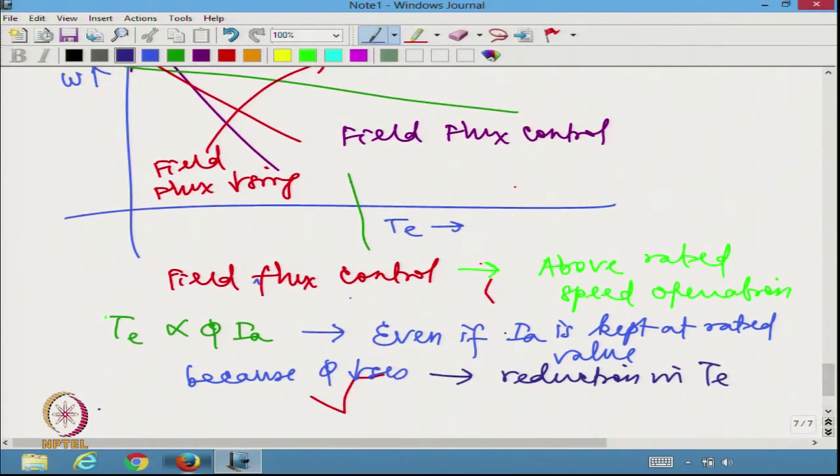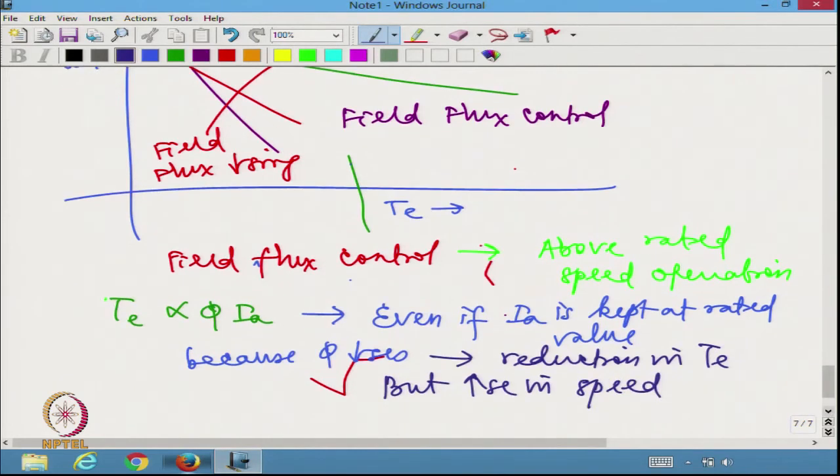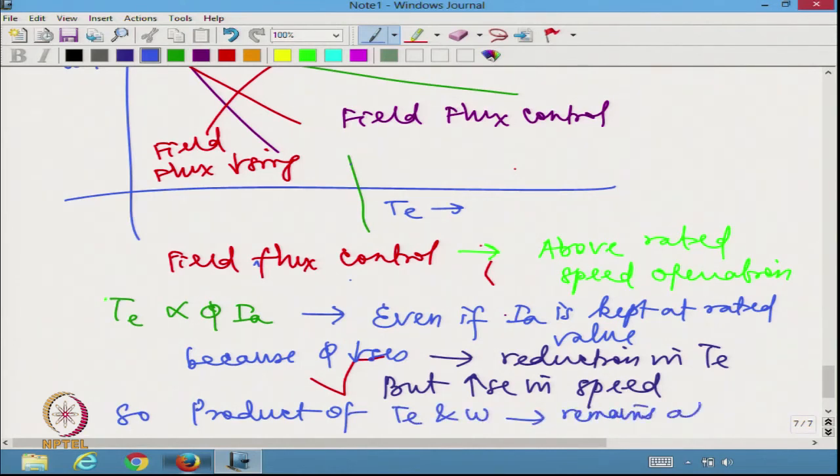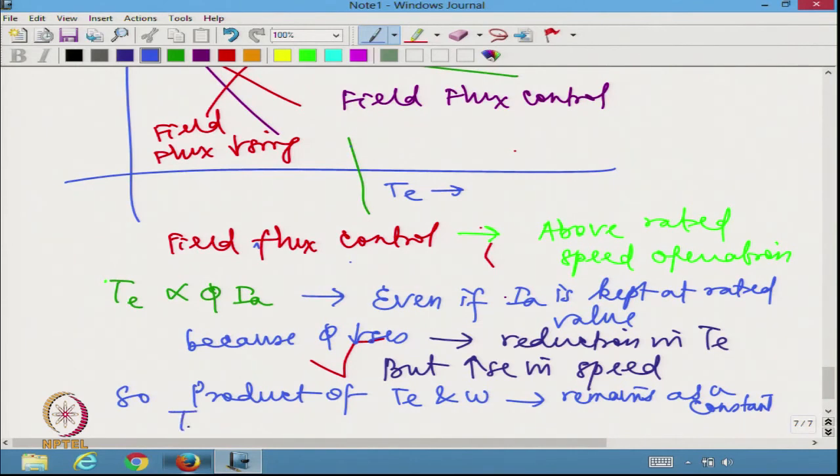So, please note there is reduction in Te but increase in speed. So, the product of Te and omega remains constant. Te multiplied by omega is power, which is constant. So, we call this region the constant power region.